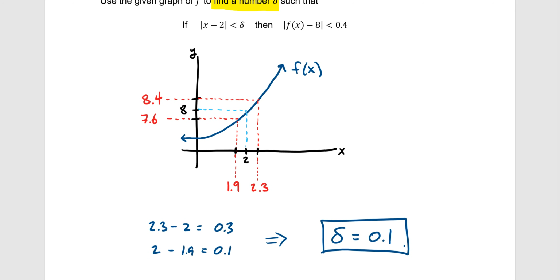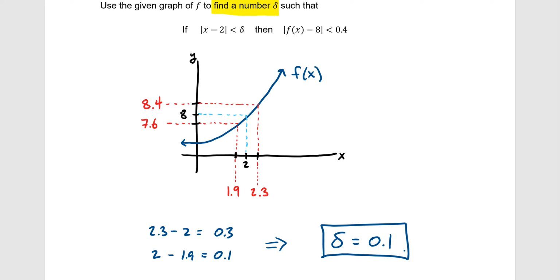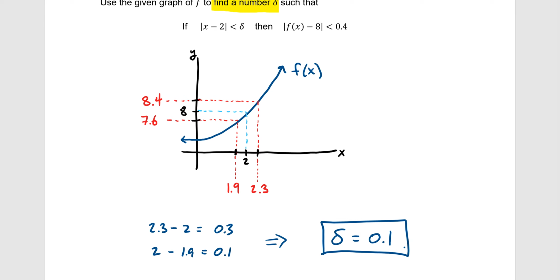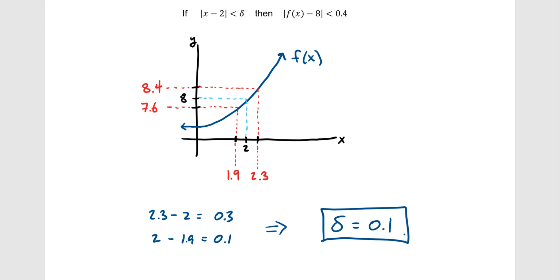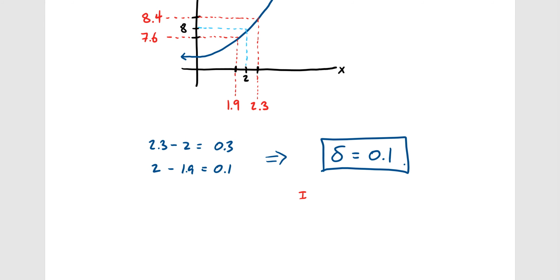Okay, so that one was actually just as easy as that. We just have to remember to always choose that smaller x distance. So if we want to, we could write this out and say, if the absolute value of x minus 2 is less than 0.1, then the absolute value of f of x minus 8 is guaranteed to be less than 0.4, which is the epsilon value.